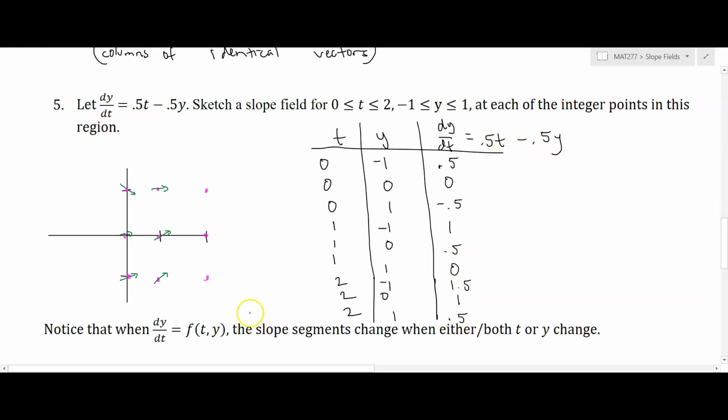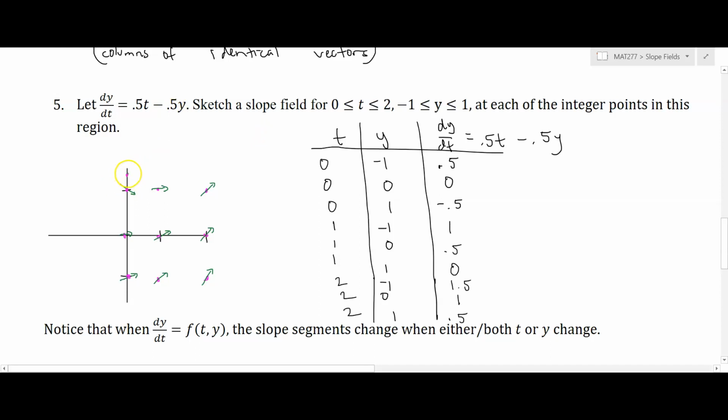So at 2, negative 1, I'll have a slope of 1.5, which means I want to aim for right about there. At 2, 0, I'll have a slope of 1, which will aim right about there, a little less inclined than that one. The slope of a half will aim more horizontally, less vertically. And I can already kind of see what's going to happen to an initial condition.